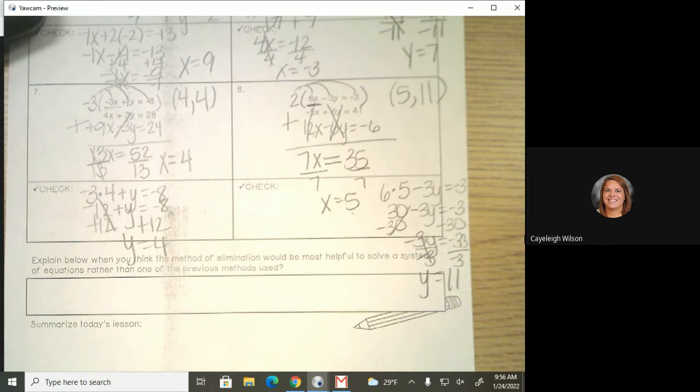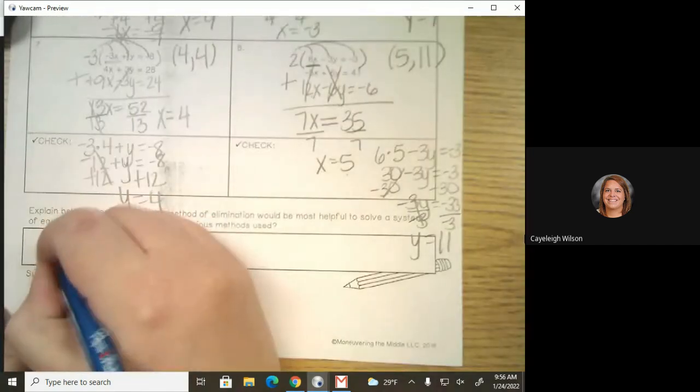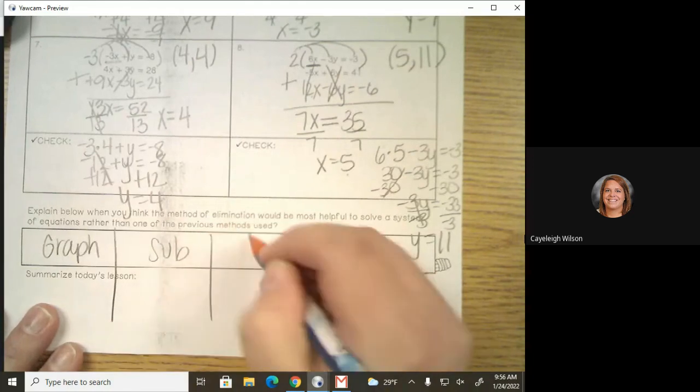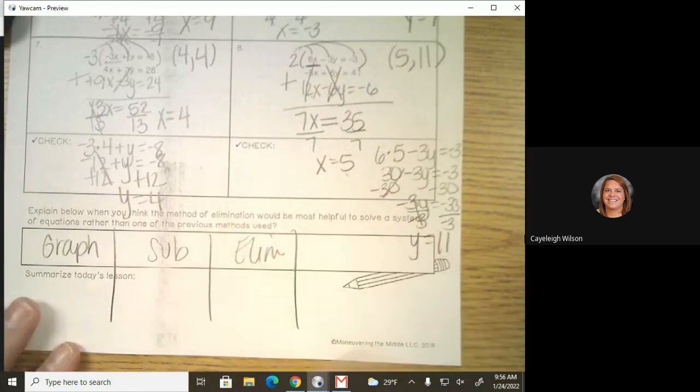We're going to answer this last question at the bottom. So we've had three different ways to solve these now. It says, explain when you think the method of elimination would be most helpful to solve a system of equations rather than the previous two methods.